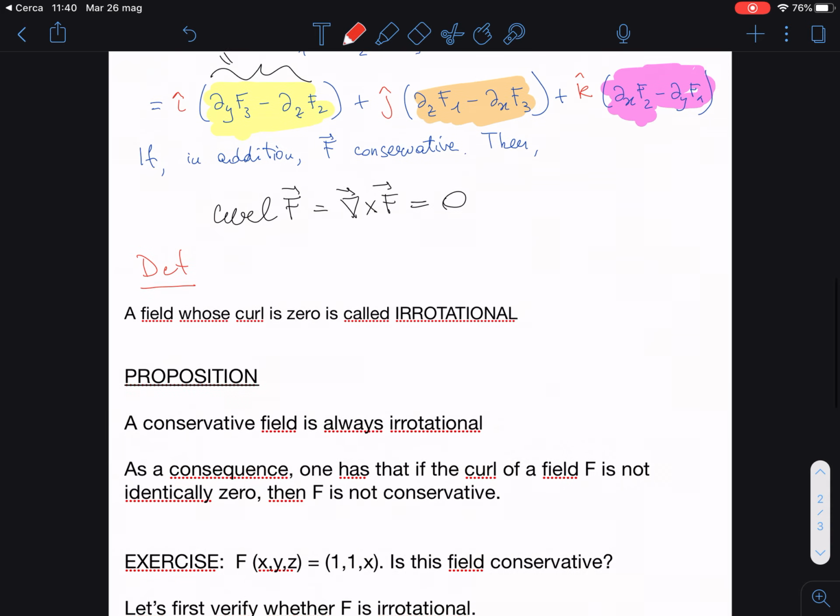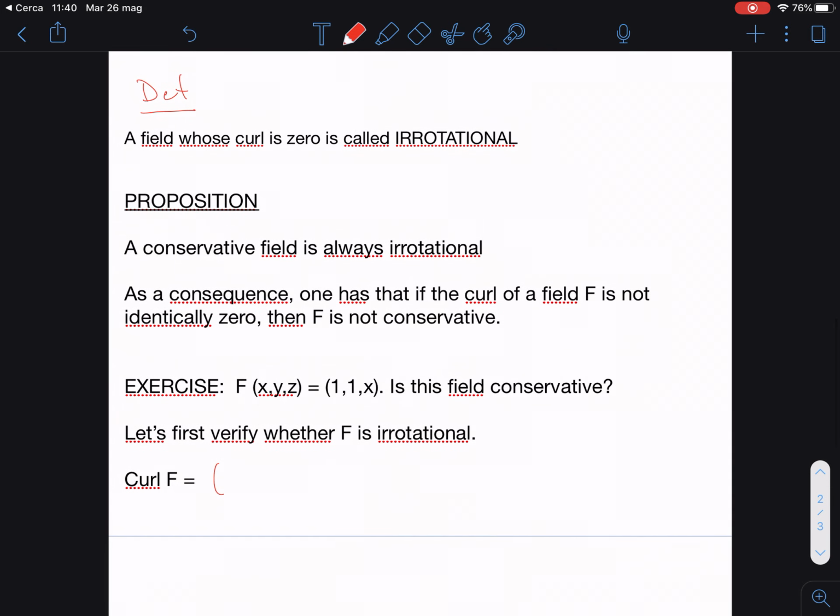The first component, I remind you, is d_y f3 minus d_z f2, then d_z f1 minus d_x f3, and the last component is d_x f2 minus d_y f1.